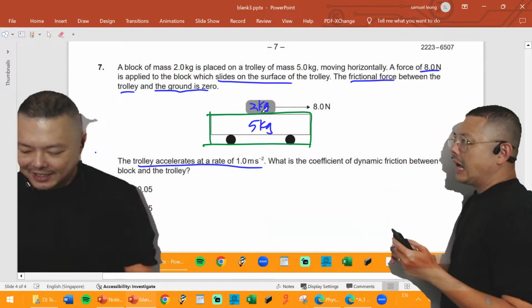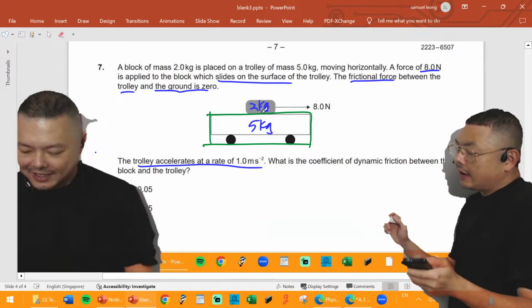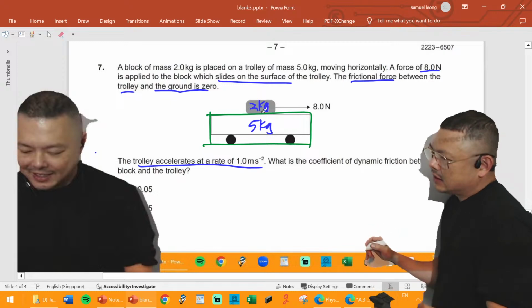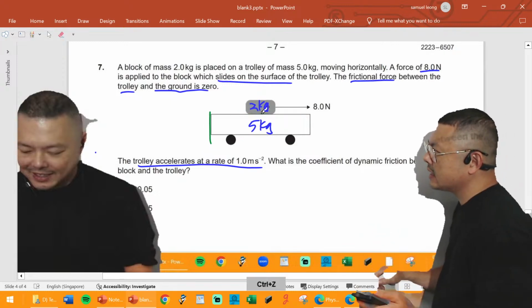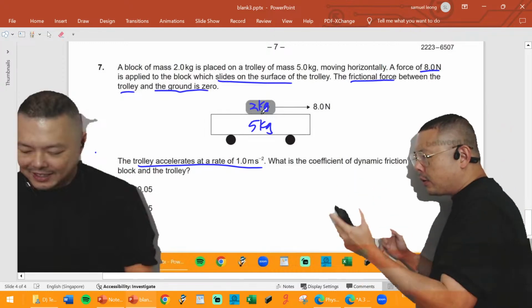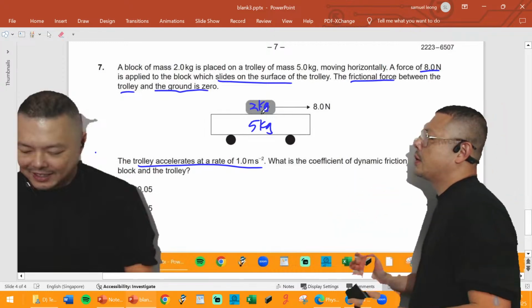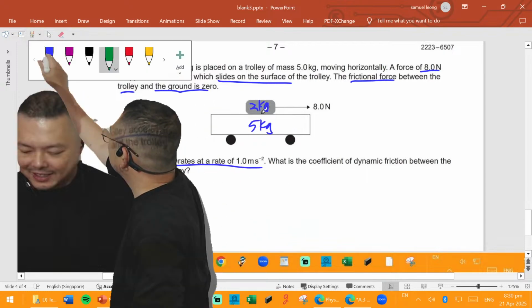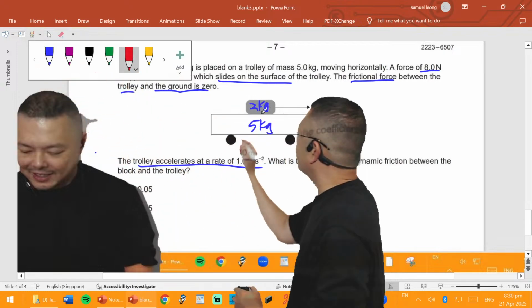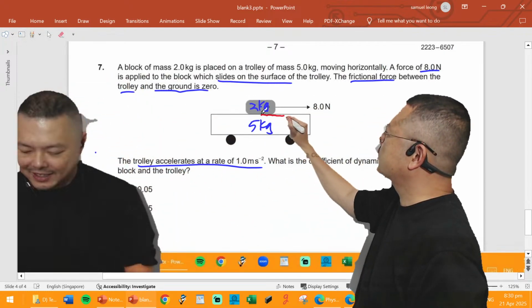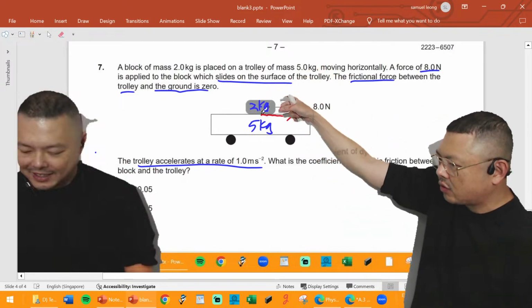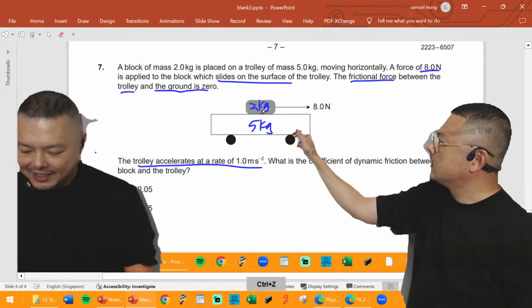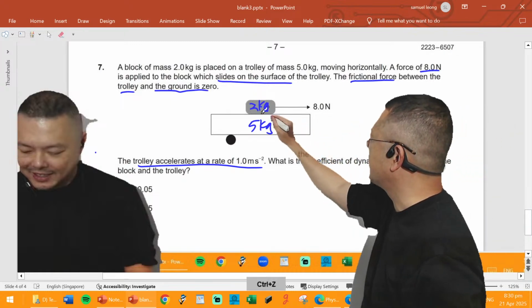After you've done all the practices and seen some of my lessons, you realize that the only possible force acting on the trolley would have been a frictional force, where the 2 kg mass is dragging the trolley along. So this frictional force here, I'm trying to draw it like that.